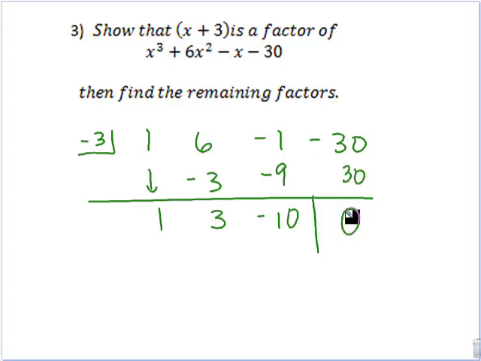We add to get 0. So there we showed that it was a factor. Okay, so that shows that it works. So now let's write down the polynomial we have left. Yep, x squared plus 3x minus 10. Okay, so can we factor this?